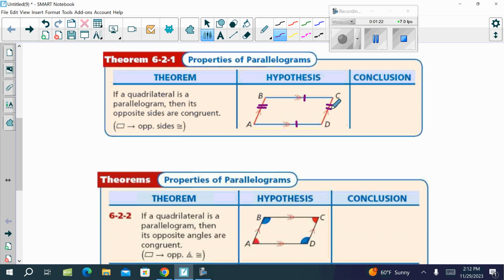So you can code like that, and we can say AB is congruent to CD, and BC is congruent to AD. If you know you have a parallelogram by the markings, you know that the opposite sides are congruent. That's property number 1.